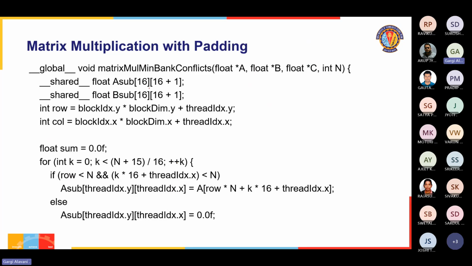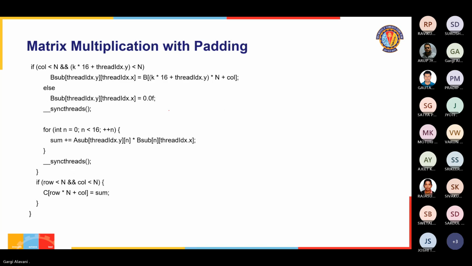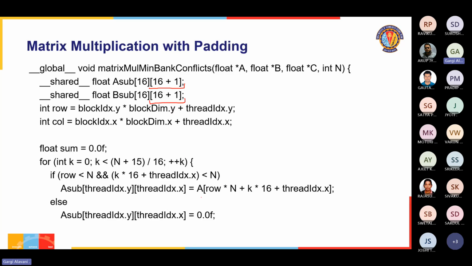It just increases one element. In this case, you are increasing the element column-wise, and this will ensure that you are adding the padding. All the computations remain the same. You fetch the data from your global memory for A, store it in your submatrix.